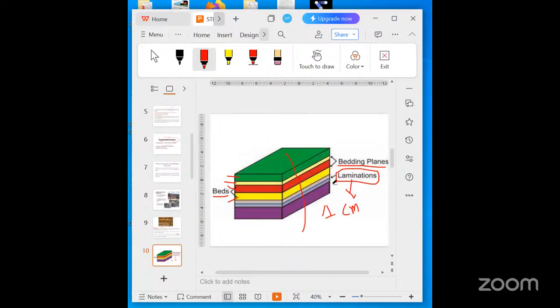Okay? The process of deposition of sediments in a layer by layer fashion is known as stratification. Okay? Stratification.